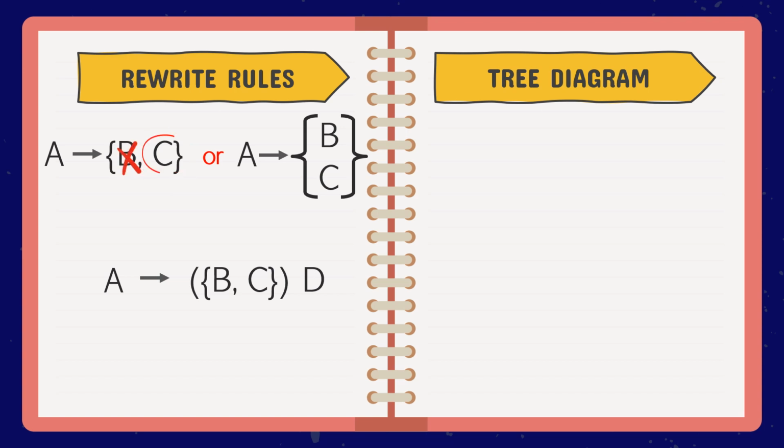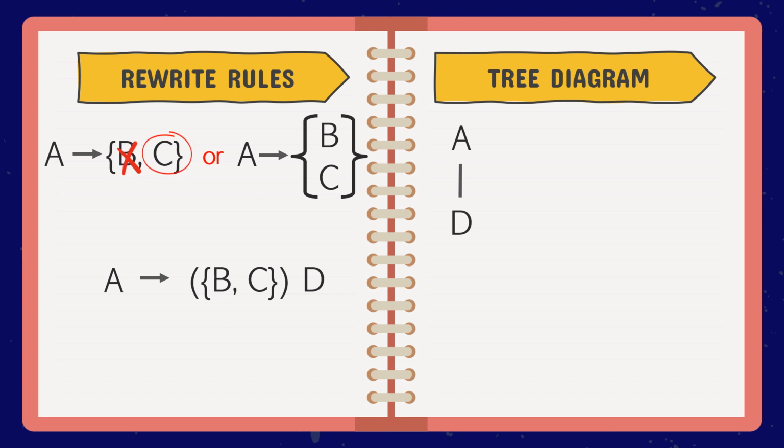Now, these two types of choices can be combined. Okay, so this is now our rewrite rule. Now, to illustrate them using a tree diagram, we have A is expanded as D because B and C there again are optional.